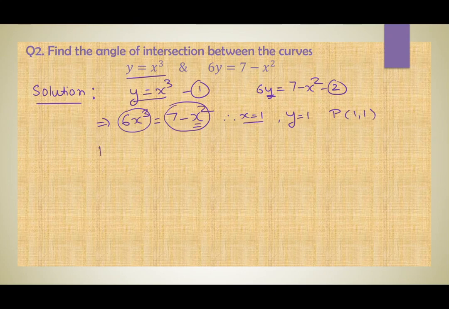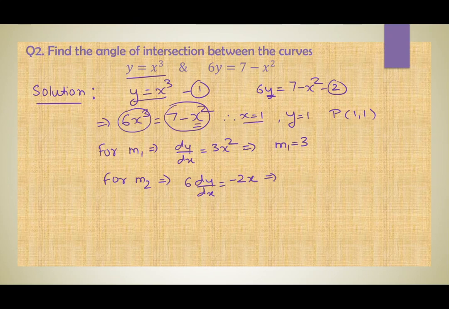Let us differentiate for m1. So dy by dx has to be 3x square. Substitute the point of contact in this. So m1 is equal to 3. For m2, let's just write this as differentiation of this part: 6 dy by dx is equal to minus 2x.